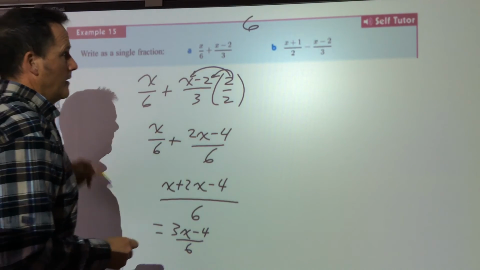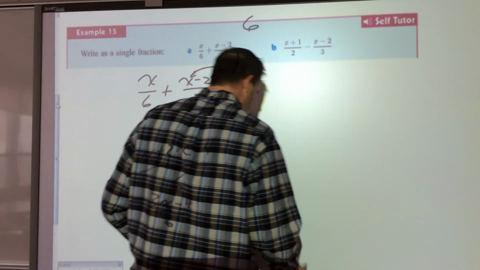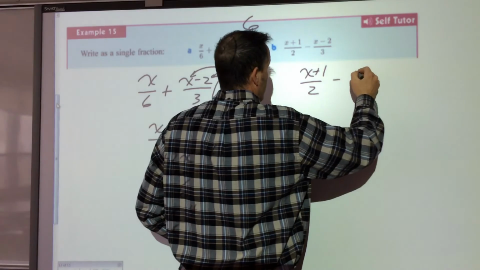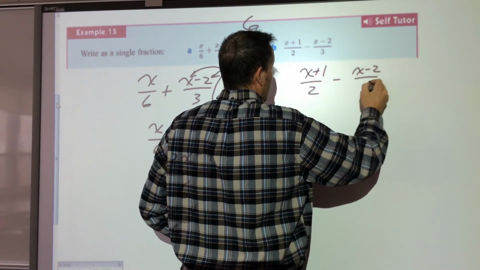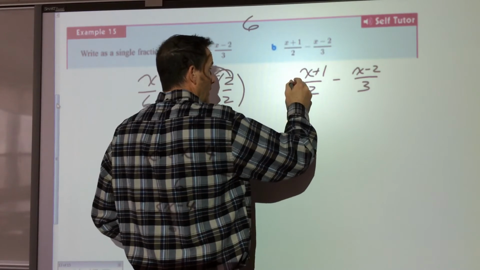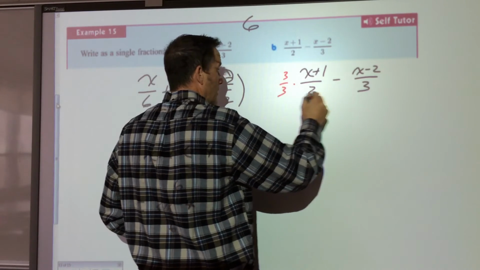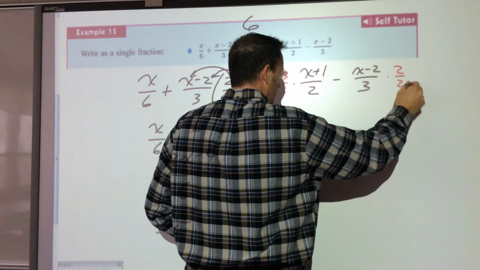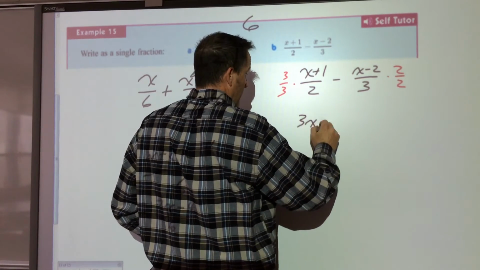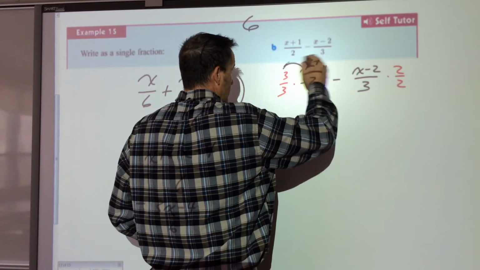Now, common denominator here, x plus 1 over 2 minus x minus 2 over 3. This is going to be over 3 over 3, 2 over 2. So I get 3x plus 3.